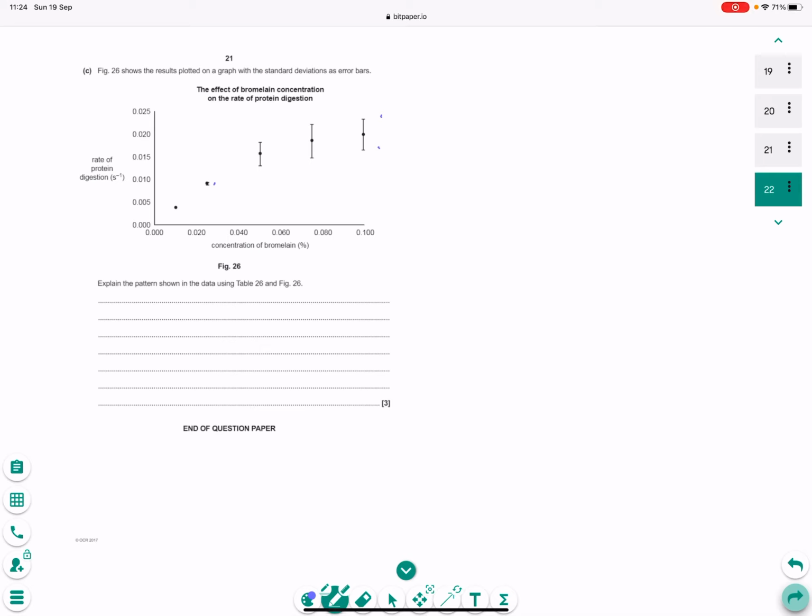Okay, so up the y-axis, rate of protein digestion per second. Along the x, concentration of bromelain. Explain the pattern shown by the data using table 26 and the figure. Well, just draw on there.